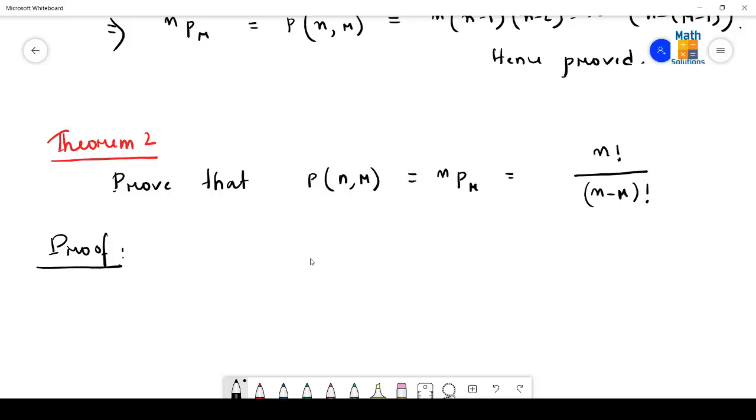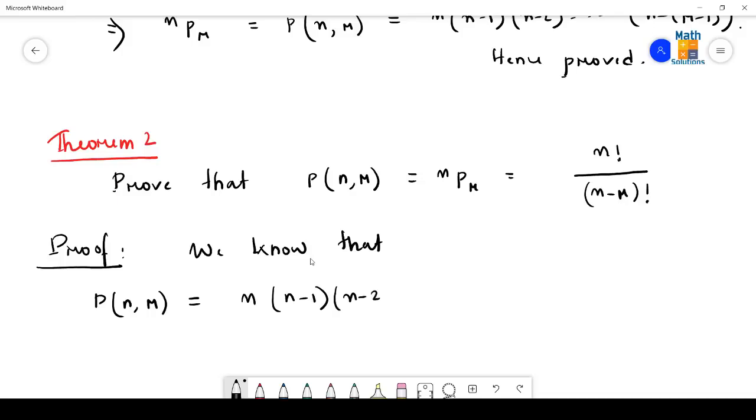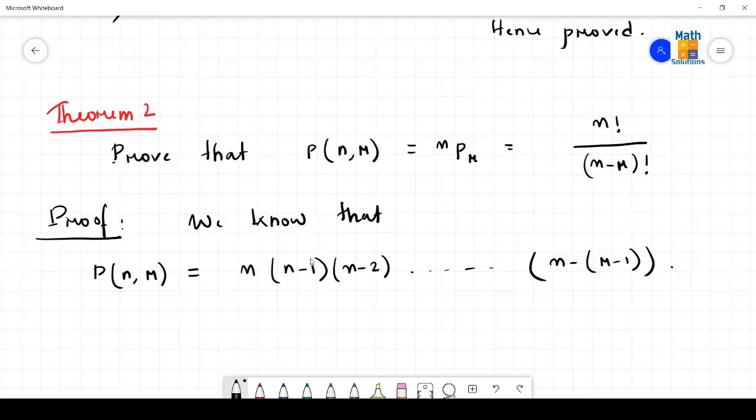Just now we have learned that we know that PNR is equal to n into n minus 1 into n minus 2 into, there is a continuation up to n minus r minus 1. So this formula, this statement already we got just now. So after this, what can we do?